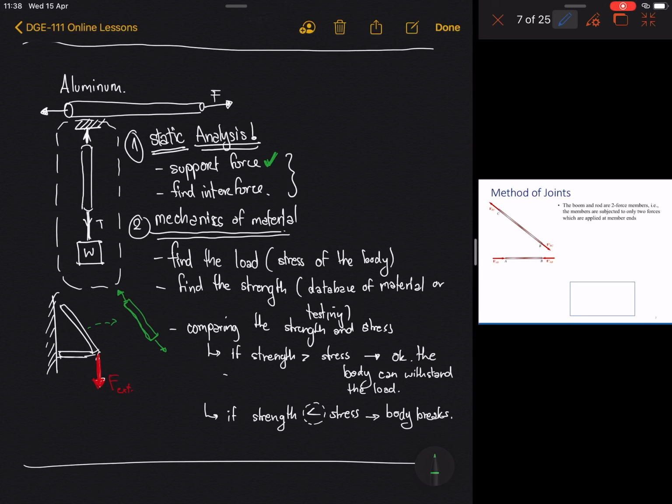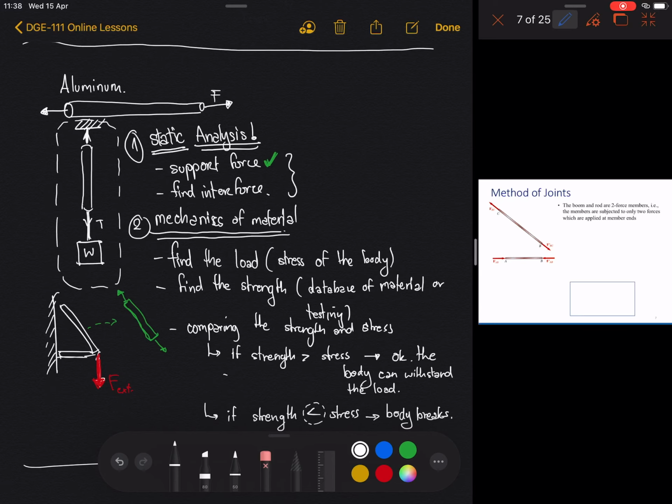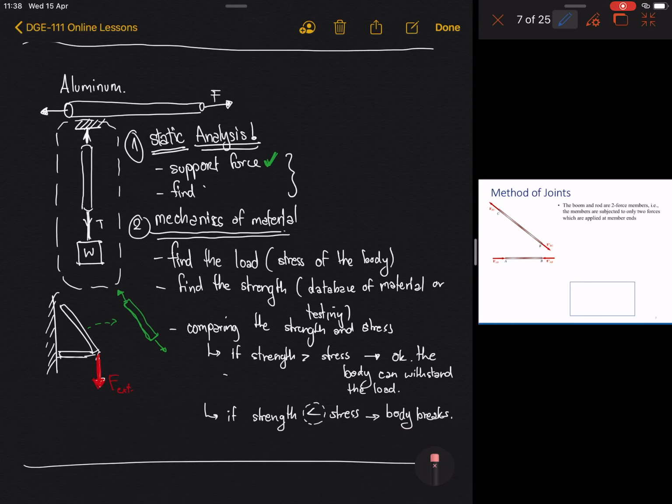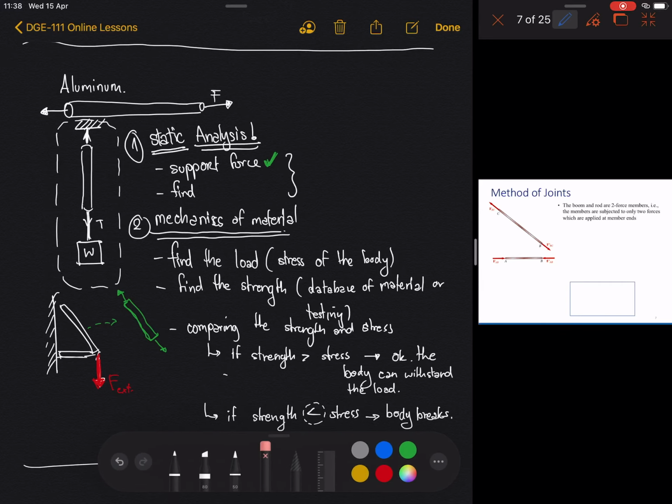So next we have to, I just saw it, my mistype, internal. Let me erase this.